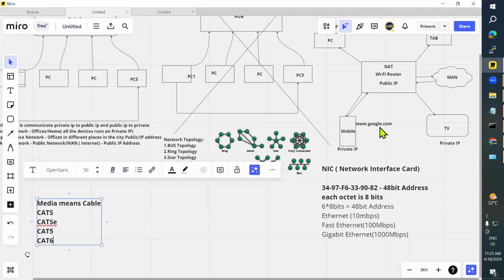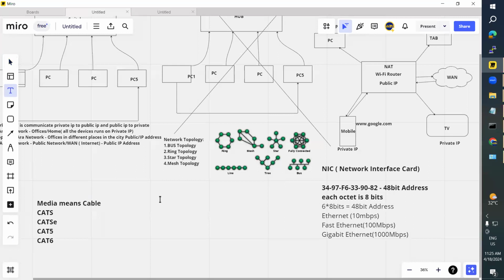So coming to network devices. I think we discussed this yesterday, right?